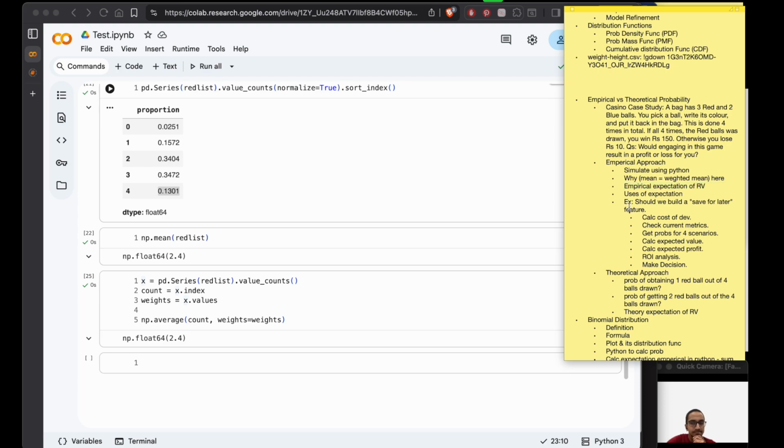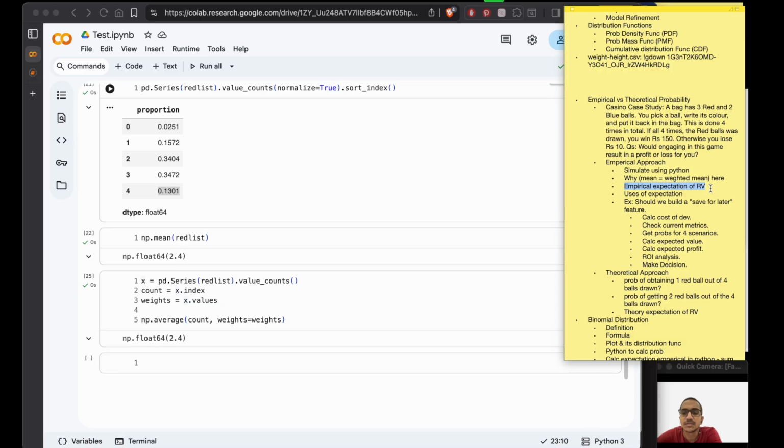So let's try to get the formula of expected value. Right now we are trying to calculate the empirical expected value of a random variable.